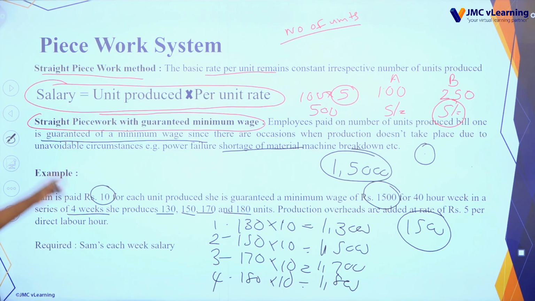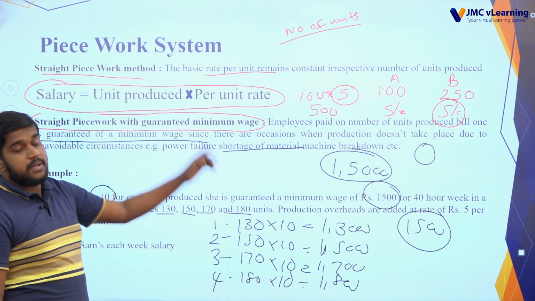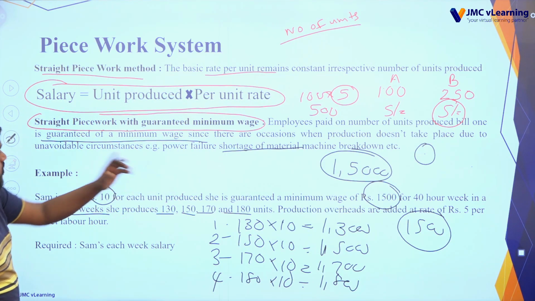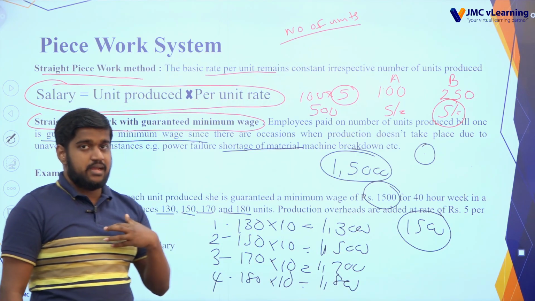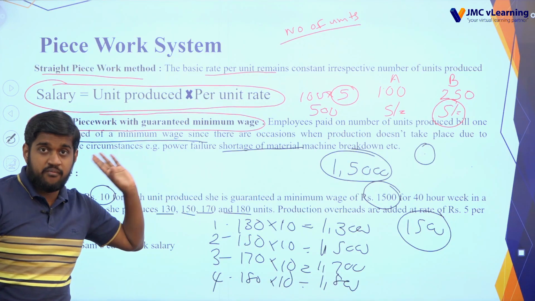Another thing is, if we use the piecework system, definitely we need to establish a guaranteed minimum wage, because in some situations the production doesn't take place due to some kind of unavoidable circumstances from the company side. Therefore, we need to establish a guaranteed minimum wage.